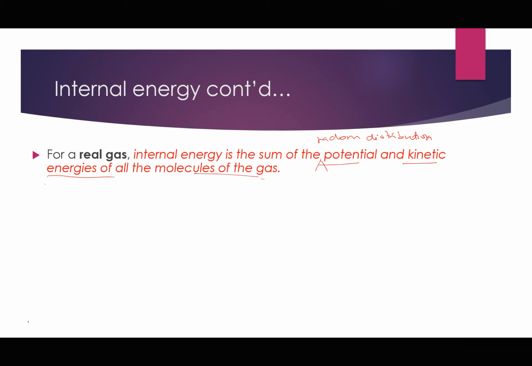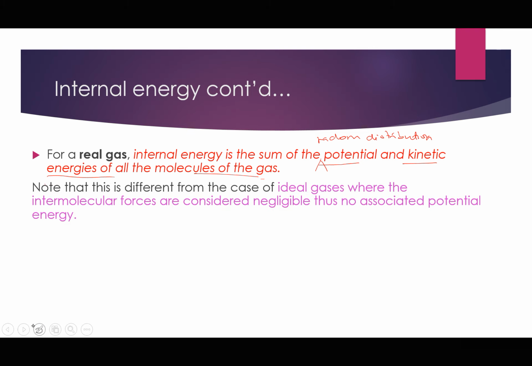Then, to compare an ideal gas with a real gas, we mentioned that for an ideal gas, the intermolecular forces are considered to be negligible because the molecules are considered to be infinitely far from each other. One particular molecule does not experience a force of either attraction or repulsion from a neighboring molecule. Yet for a real gas, the force is there but extremely weak.